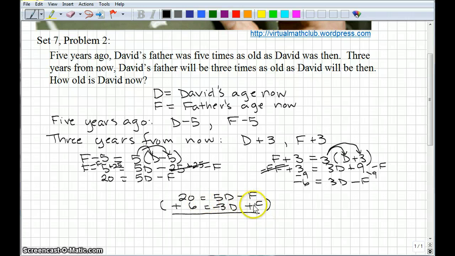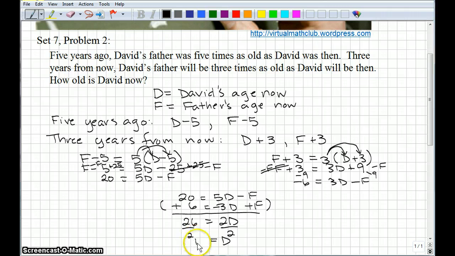But the nice thing there is that if I add these two equations, I get 20 plus 6 is 26. I get 5 minus 3, which is 2d, 5d minus 3d, I should say. And negative f plus f is just 0, so I get 2d is 26. And if I divide both sides by 2, I can get d by itself.